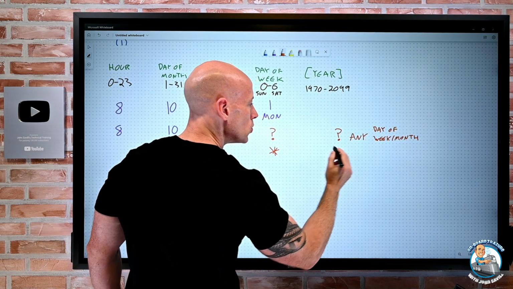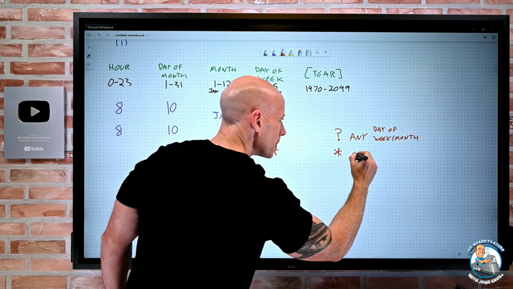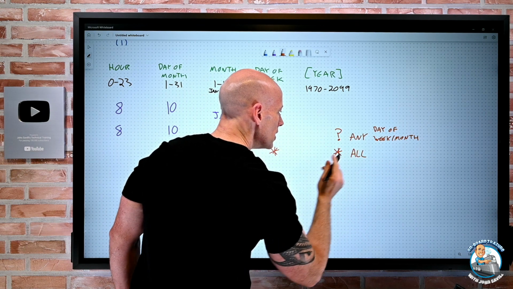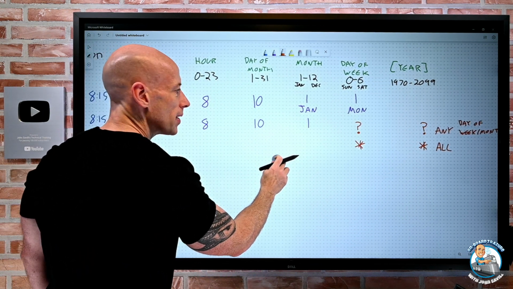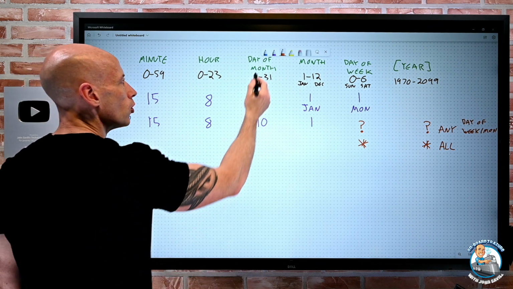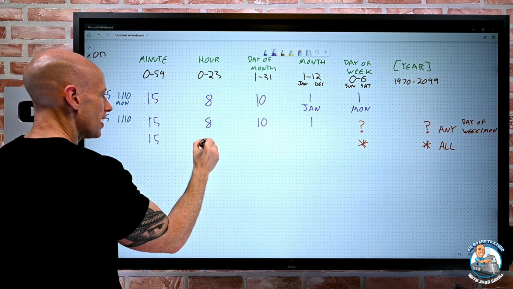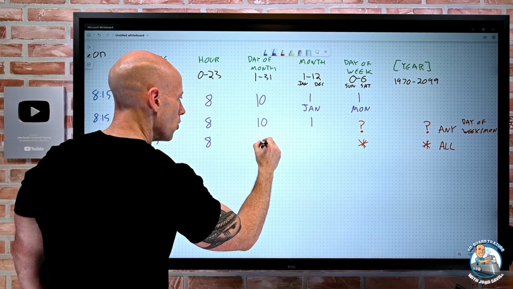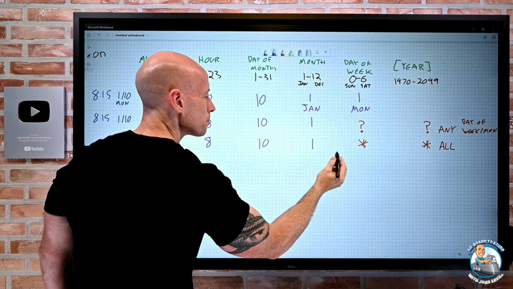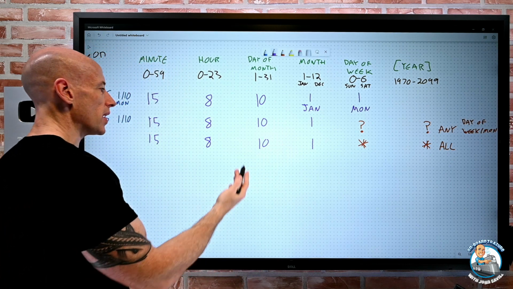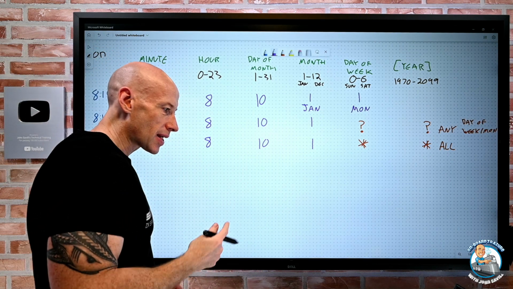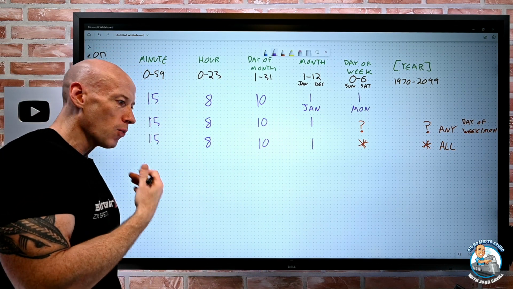And this we can use in any of the units. So this means all. And you notice I can have absolutely a combination, and we'll see these as we go through. So once again, this is going to have exactly the same effect. Hey, 8:15 on the 10th of January. All days of the week that happen to be that combination. So it's going to have that same effect for what I want to do.